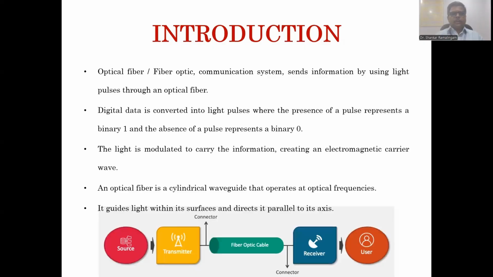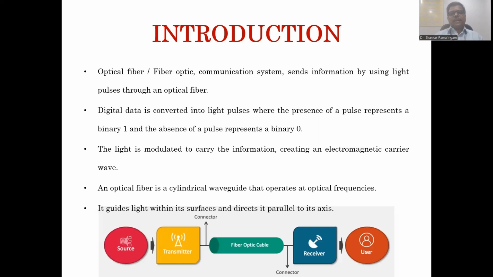In this way, digital data is converted into light pulses in optical fiber communication system, where the presence of a pulse represents a binary 1 and the absence of a pulse represents a binary 0. So by now you may understand our information, which is in terms of ones and zeros, is going to be transmitted by means of light pulses in terms of presence or absence of pulse. That is how the light is modulated to carry the information, creating an electromagnetic carrier wave.